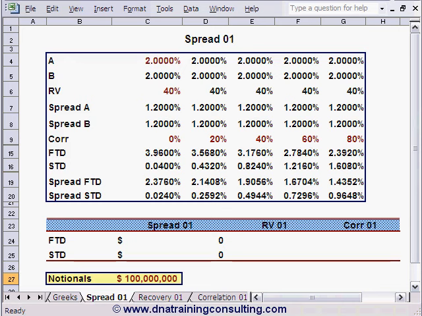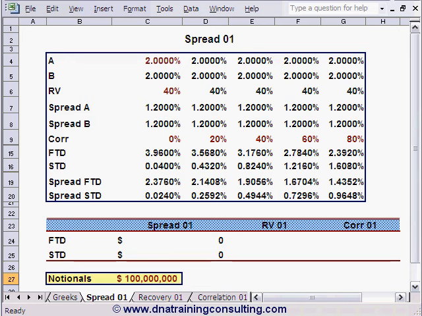We remind you that an increase in the reference entity spreads would cause the CLNs to become riskier, so we expect a mark-to-market loss under this scenario for both CLNs.